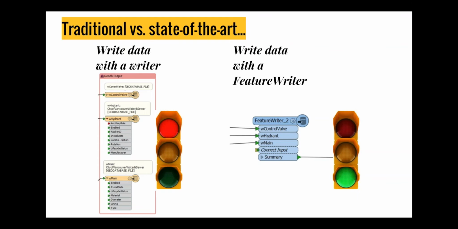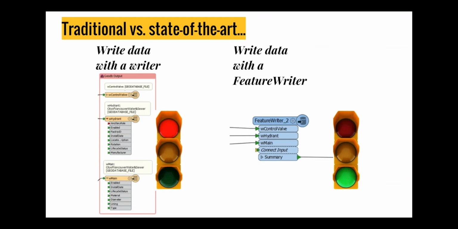So the feature reader apparently has been around since 2011, which I was surprised about because I had a conversation yesterday with somebody. So anyways, what we're going to introduce here today is the FeatureWriter. For anybody who's watched some of the earlier webinars this year, you would have already maybe seen some of this.